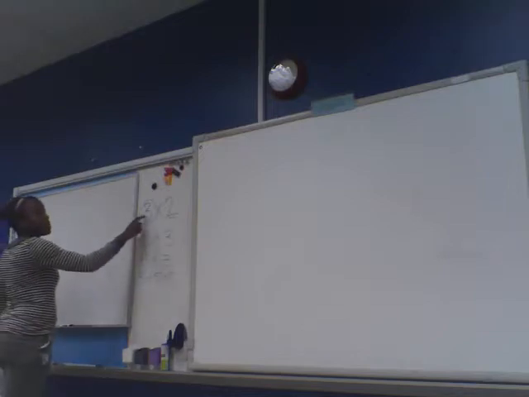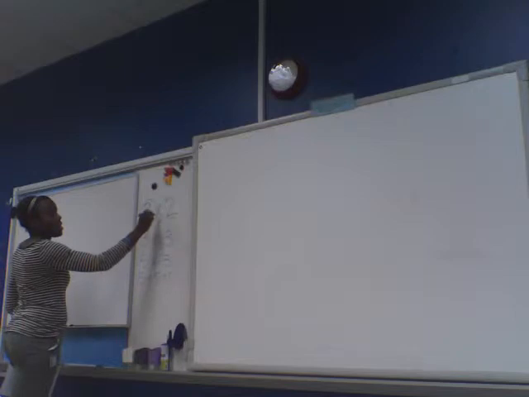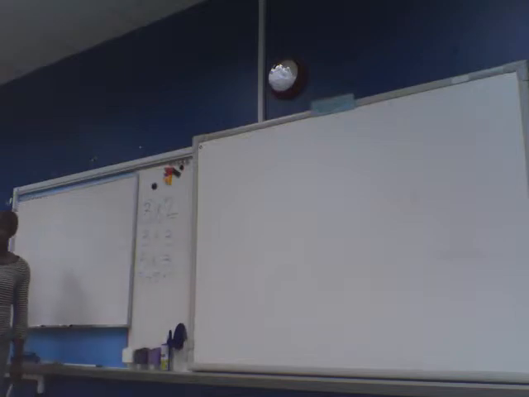Okay? And when we use arrays, if we have 3 times 2, we like to say 3 rows of, so we're going to think of our multiplication sign as of 2 objects. Okay? So, Ms. Tamaya said 3 times 2 is the same as 3 plus 3. So what should I do here?